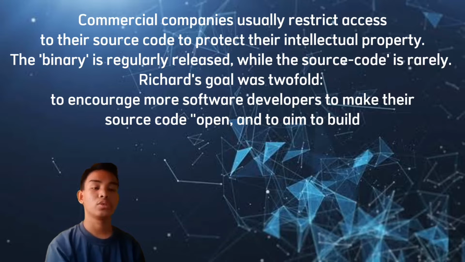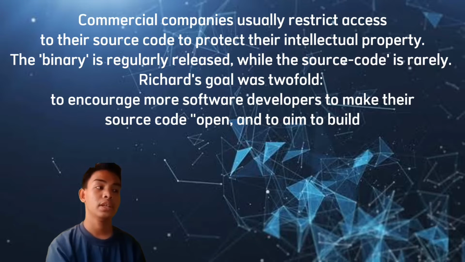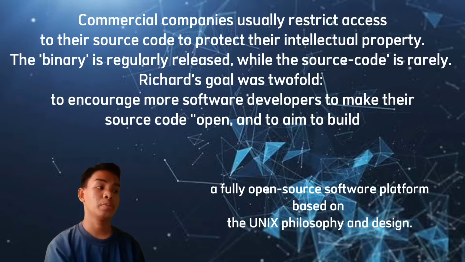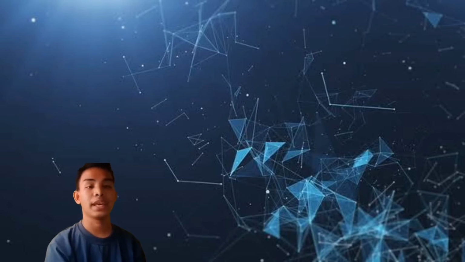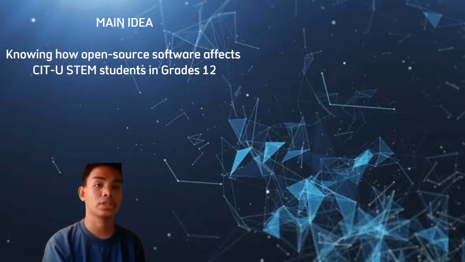Richard's goal was twofold: to encourage more software developers to make their source code open, and to build a fully open source software platform based on the Unix philosophy and design. So let us now talk about the main idea, purpose, and the focal point of our study.